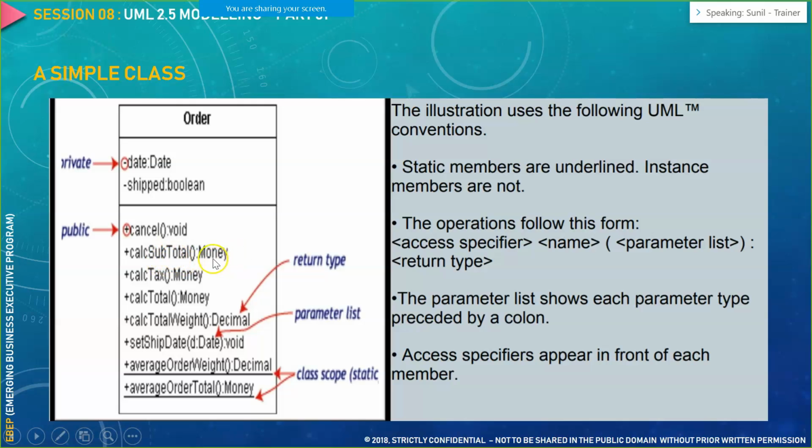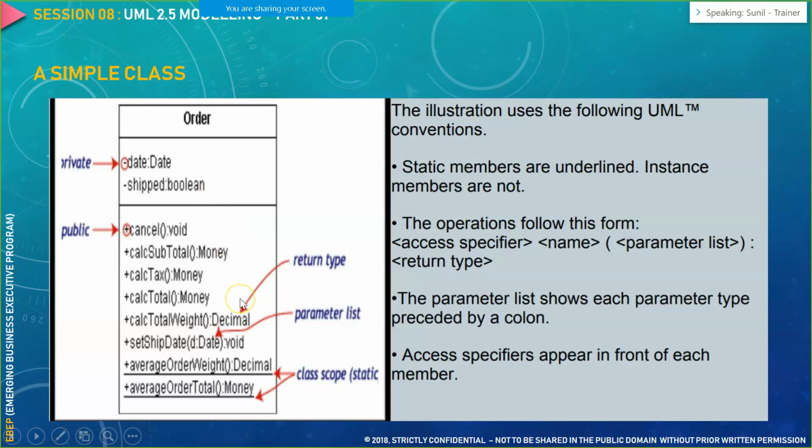The outcome of execution of this method would be visible in the format of money. Same for the tax total, the outcome would be in the form of money. When it comes to weight, weight would have some decimal values associated with it. For example, 1.5 kg or 1.25 kg and so on. That's the reason why the return type is given as decimal.